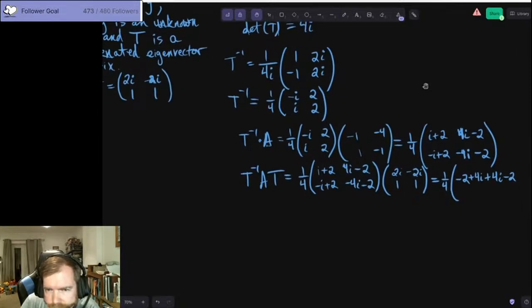I'm going through and checking the math. Then you've got minus 2 plus 2. Okay, so look at the last line. The i plus 2, 4i minus 2 times 2i, 1. That should be minus 2 like you have. And then 2 times... Wait.